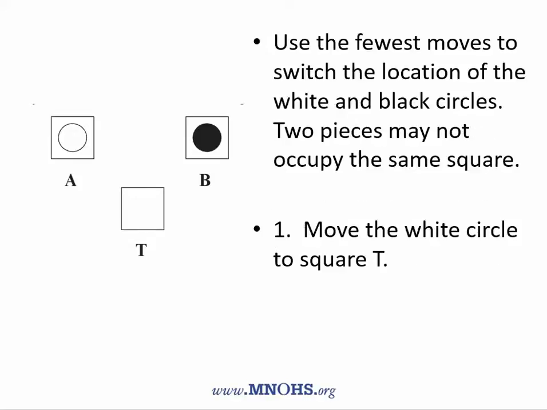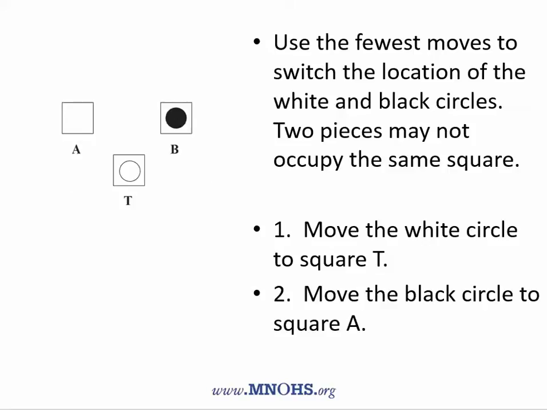As you think about your method, it might not be the exact same order of steps as I'm going to use. The first step that I'm proposing is that we move the white circle to square T. I'm going to show drawings for each step. This will help you visualize what happens and not just see the beginning and end result. So after I move the white circle to square T, my drawing looks like this.